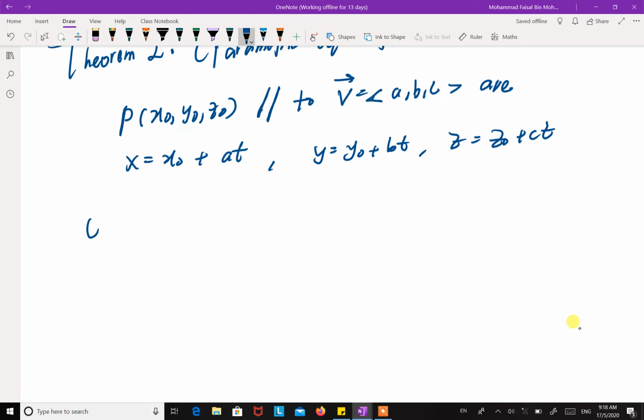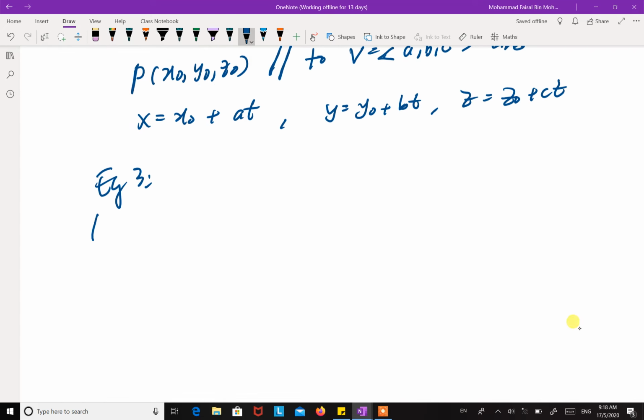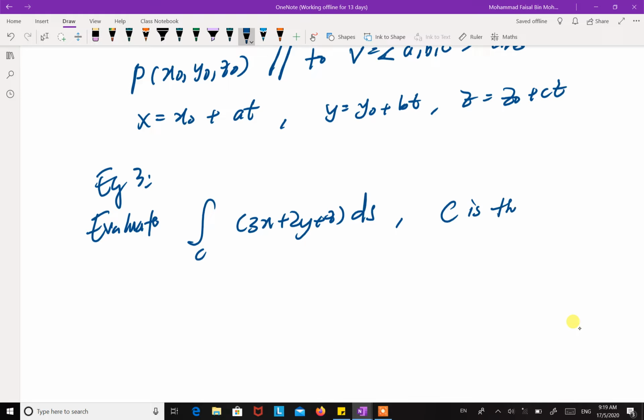So see the example. Evaluate the integral of 3x plus 2y plus z ds, where C is the line segment from 0, 0, 0 to 1, 2, 3.